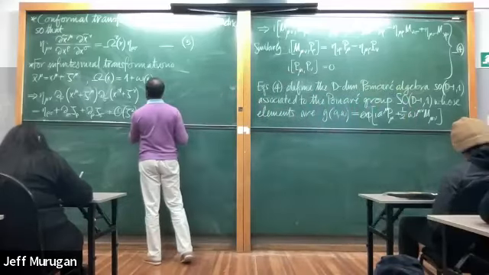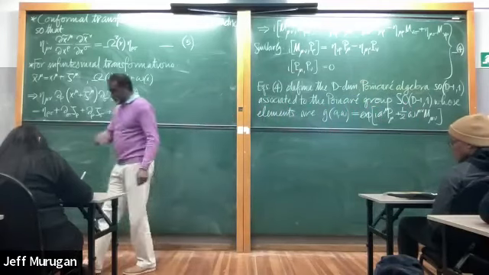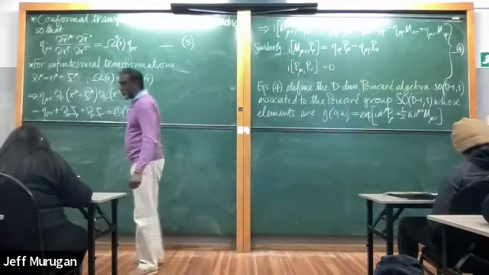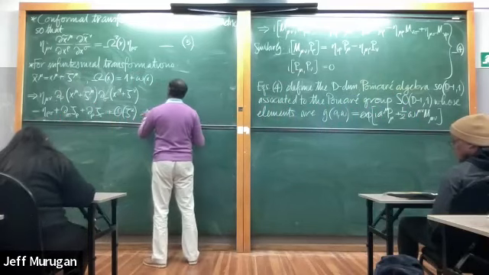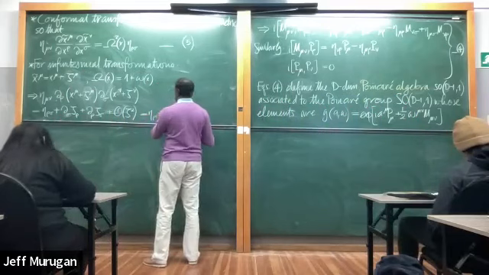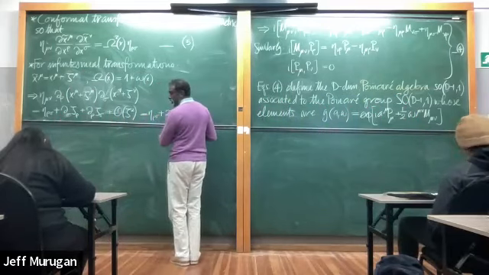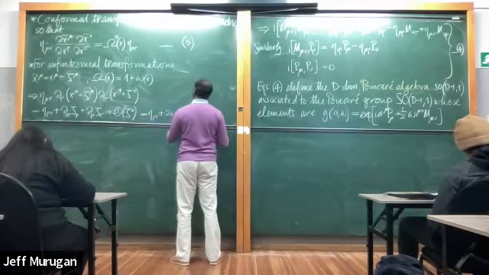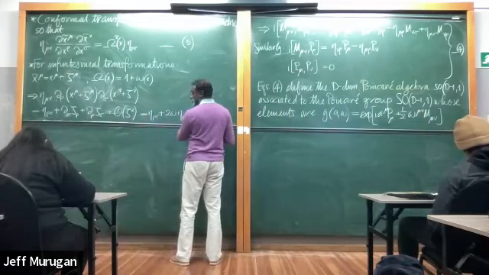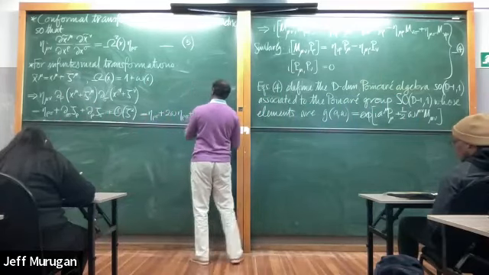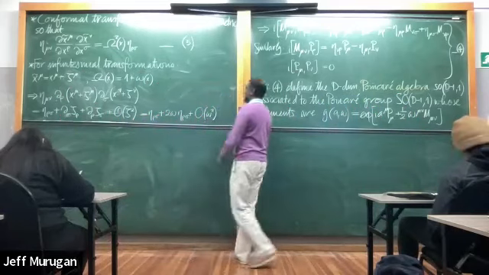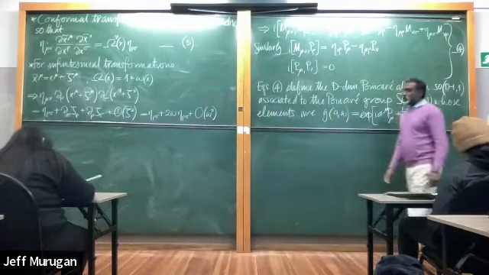And on the right hand side, we will find this is equal to eta rho sigma plus 2 omega beta rho sigma plus terms that are omega squared. I'm assuming that omega is small.